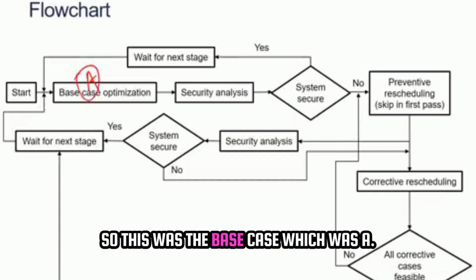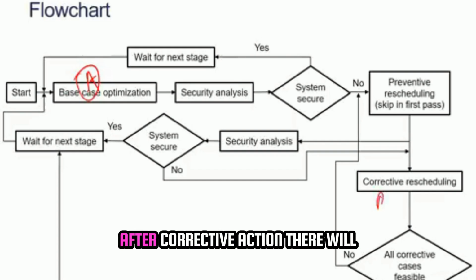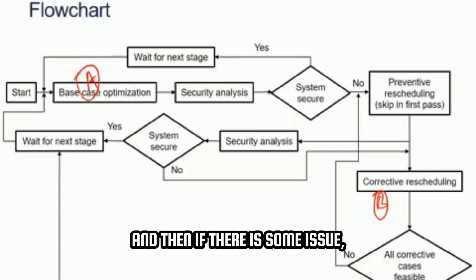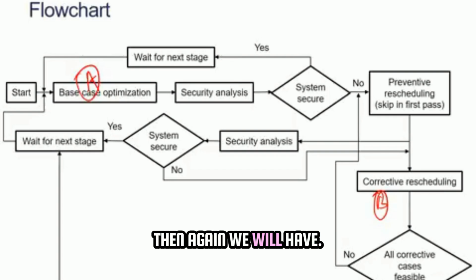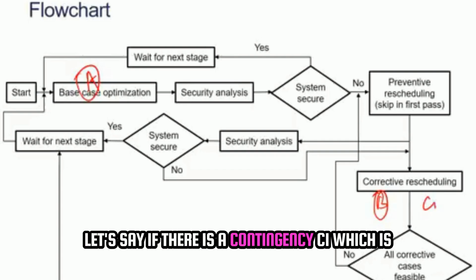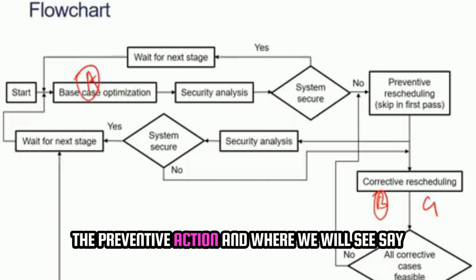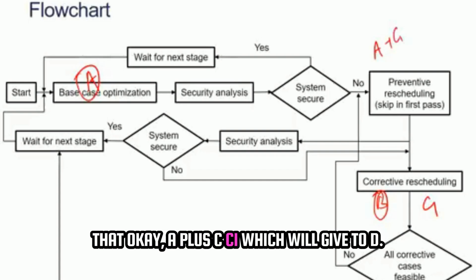So this was the base case, which was A. After corrective action, there will be some situation which will be B. Then if there is a contingency C1 which is creating a problem, we will go to the preventive action, where A plus C1 will give D, right?